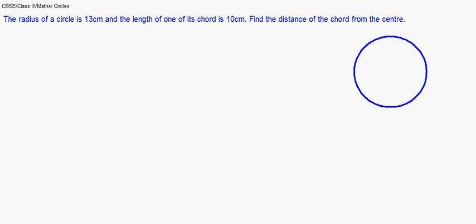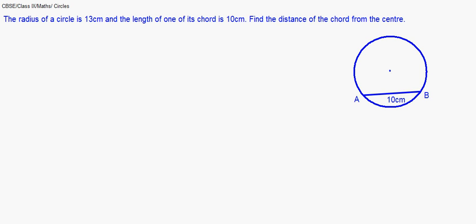This is the circle. There, the length of one of the chords is given to be 10 centimeters. Suppose this is the chord. I name this as A, this being B, and the length of this chord is given to be 10 centimeter. The question is asking us to find the distance from its center.